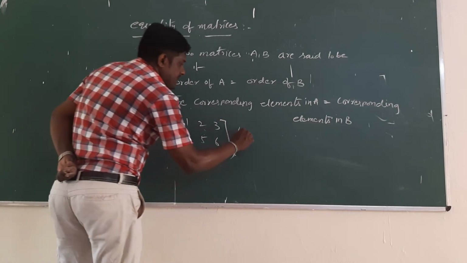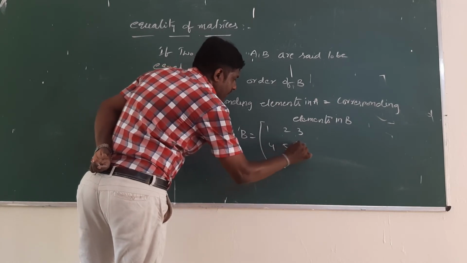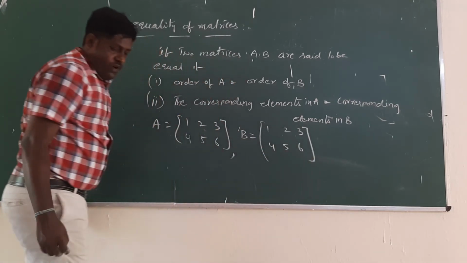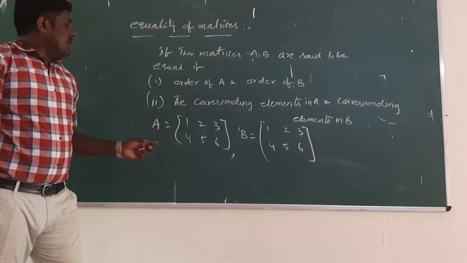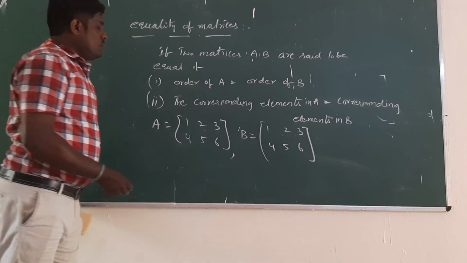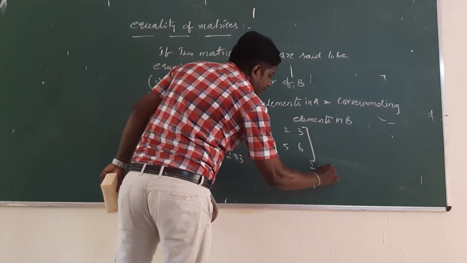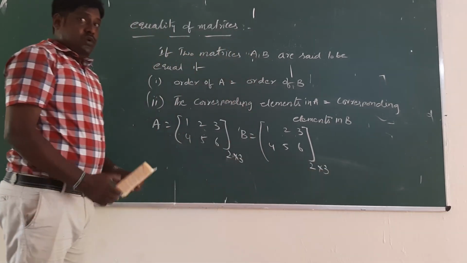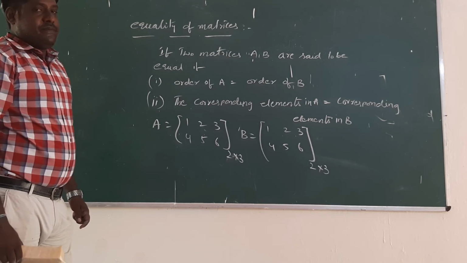The second matrix B is [1 2 3; 4 5 6]. What is the order of A? The order of A is 2 by 3. The order of B is also 2 by 3. So both orders are equal here.